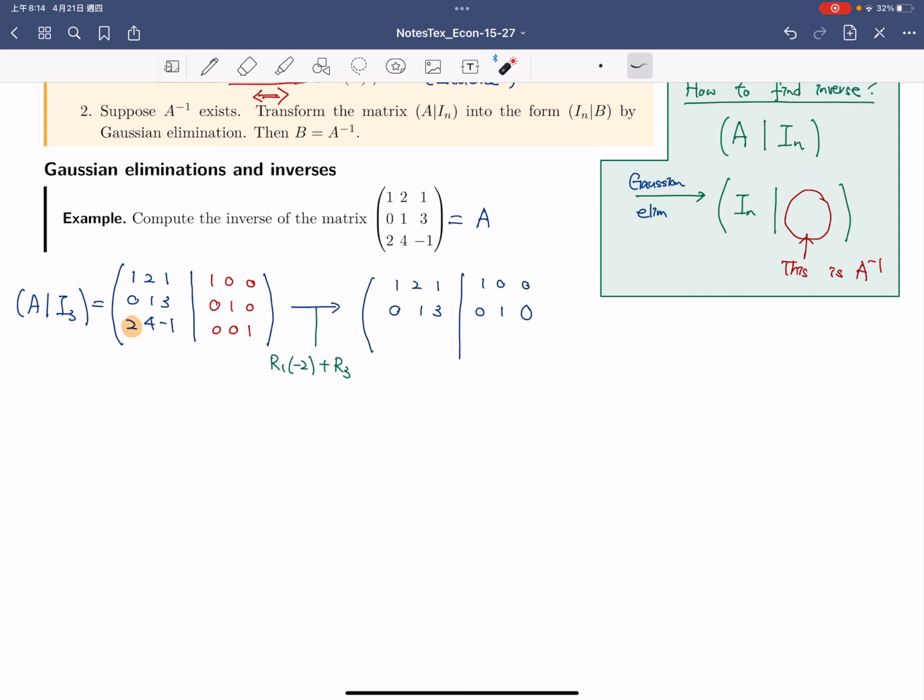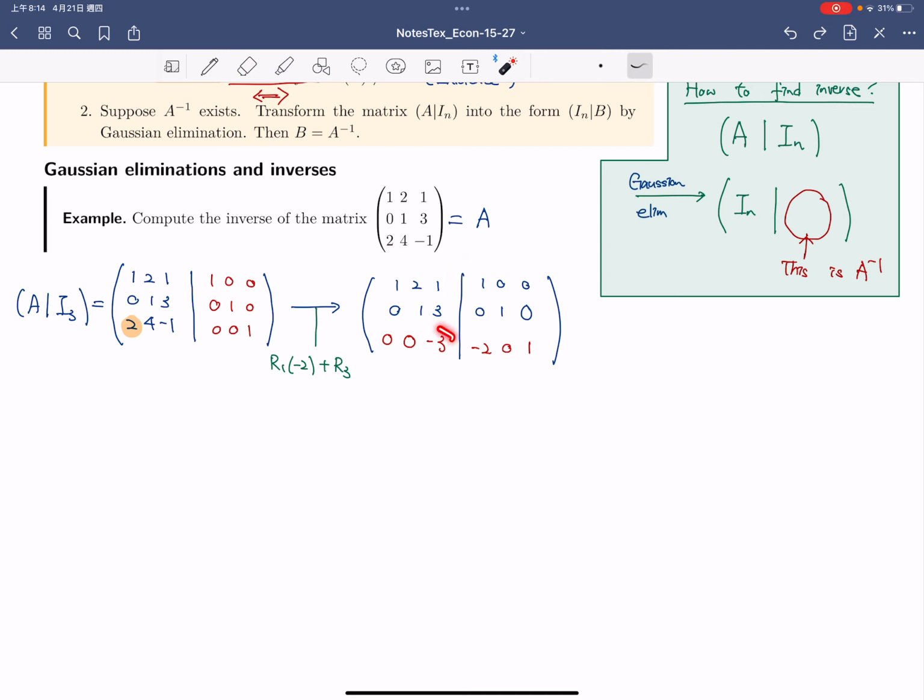And then multiply this by -2, and then add it to the third row. Then I get 0, 0, okay, -2, so I get -3. And then -2, and then 0, 1, okay? So good.